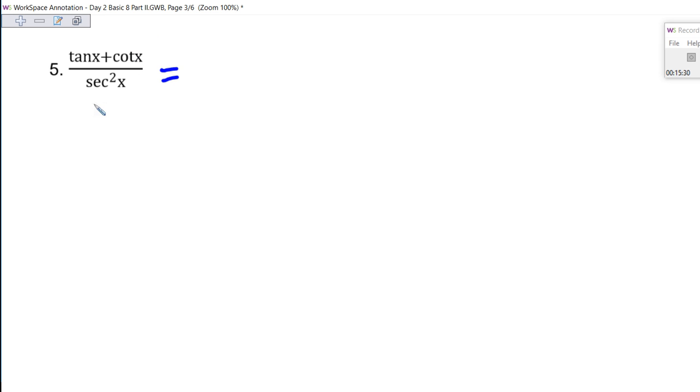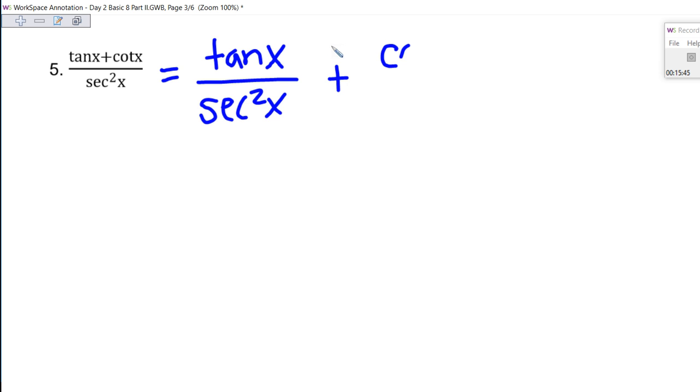So what I mean by that is both terms in the numerator need to be divided by secant squared of x. So that means tangent of x needs to be divided by secant squared of x, and cotangent of x needs to also be divided by secant squared of x. So if you have one fraction, you can break it up into its 2 parts.